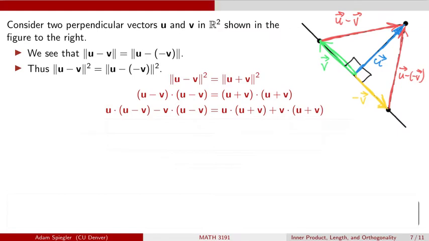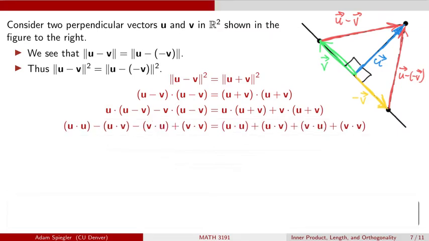Now we can use the distributive property another time. On the left side, we can rewrite the magnitude of u minus v squared as u dotted with u, minus u dotted with v, minus v dotted with u, plus v dotted with v. On the right side, we have a similar looking result.